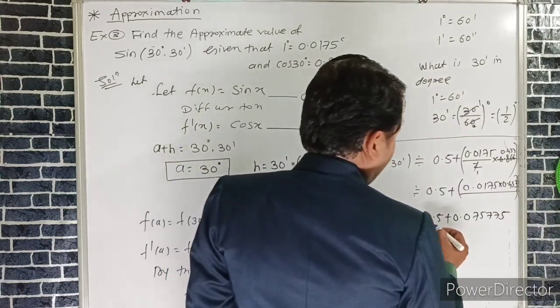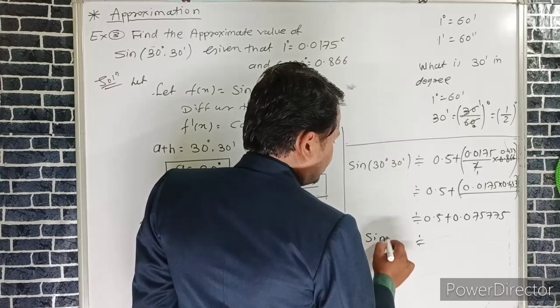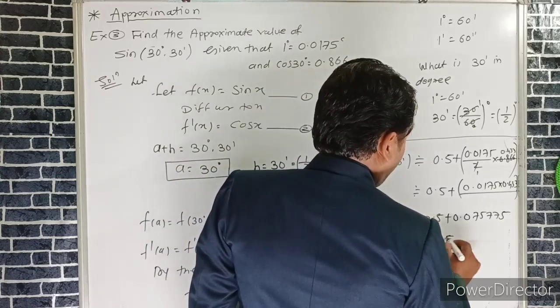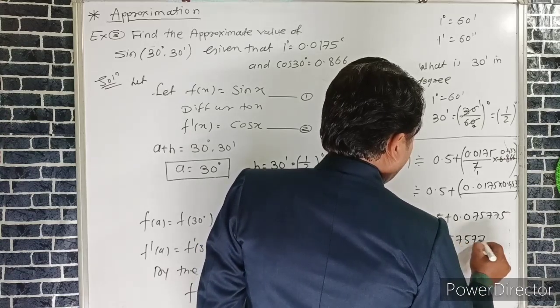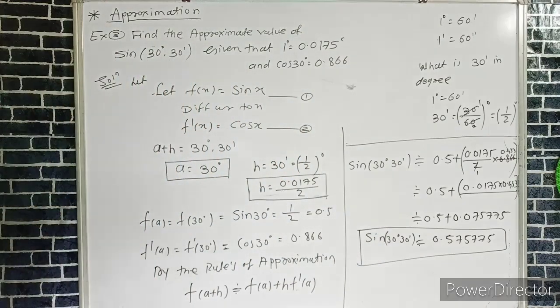If we add both terms, we can write the approximate value of sin 30 degrees 30 minutes as 0.5075775, which is the required value of the given function.